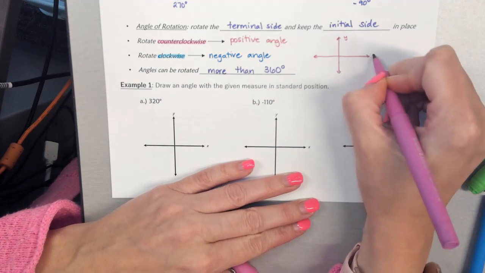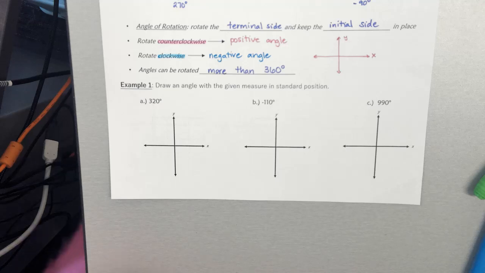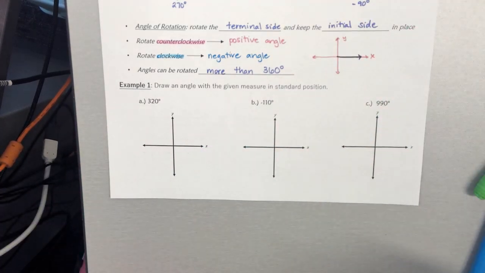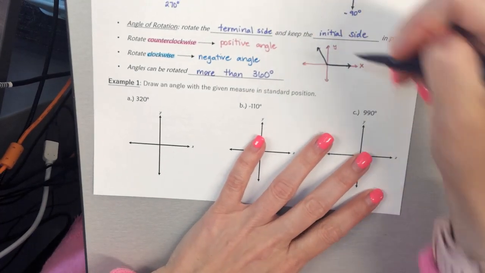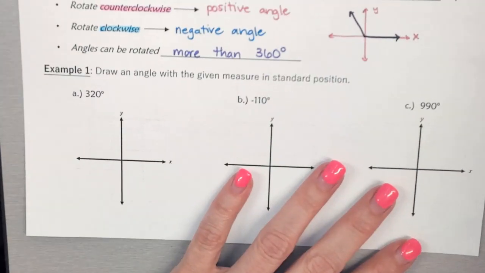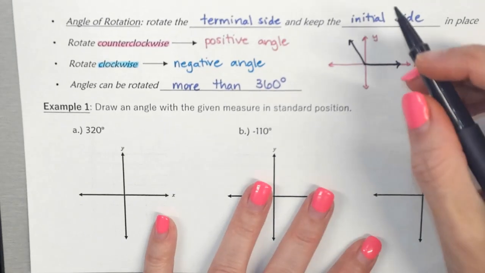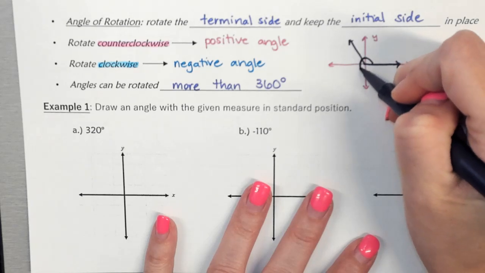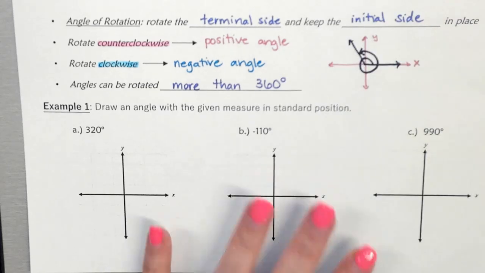Okay, so if you have your X and your Y axis, let's say we're starting here. We'll still end up here. Watch me do this and then I'll give you time to do it yourself. If you had to rotate more than 360 degrees, you would start here and do a full loop around and then end here.